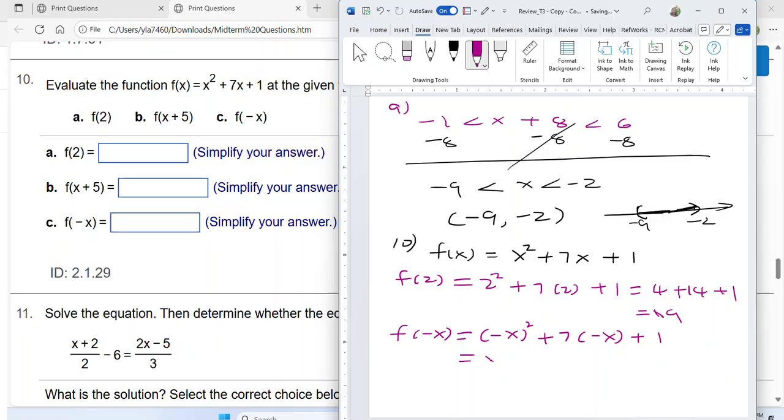So that is the f of negative x. Apparently, f of negative x is not equal to f of x, so that means this one is not an even function. That's what I'm trying to say. We talked about the even function earlier.